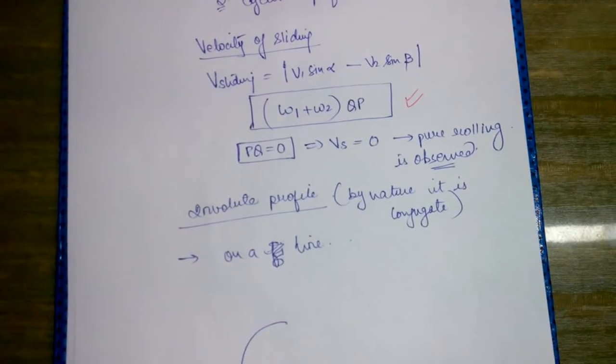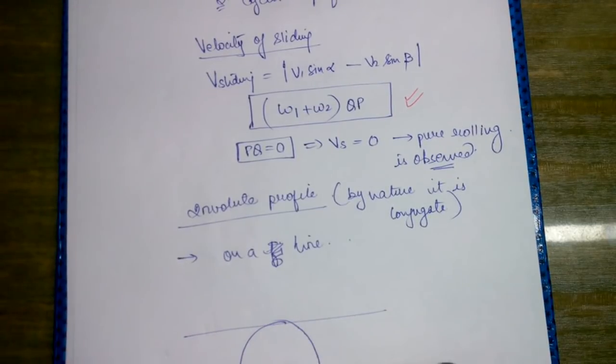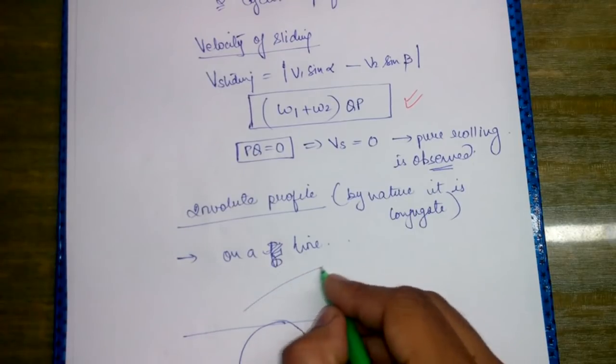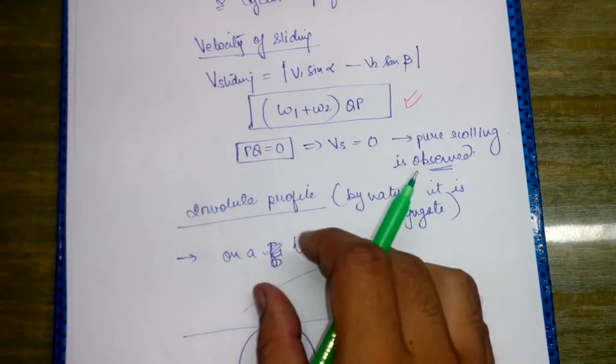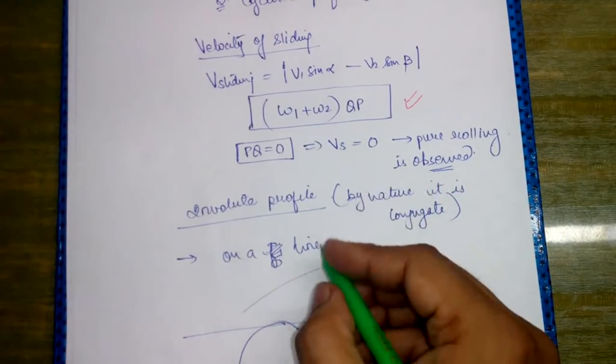So if this is a circle, okay, and this is a tangent, say, so it is actually the locus of the point on a line which rolls without slipping on a fixed circle.